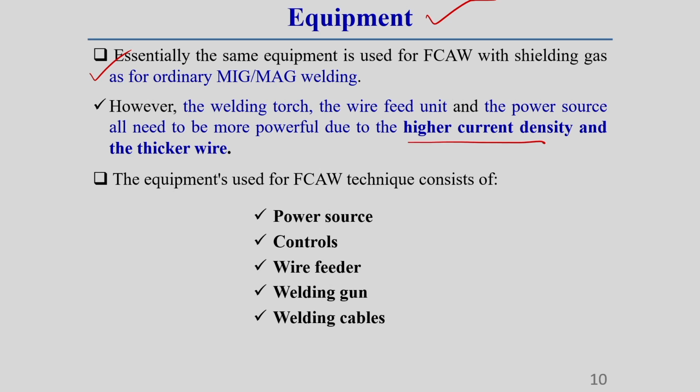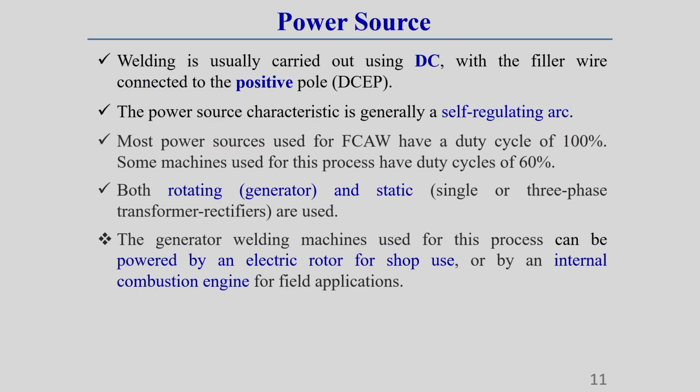To control that thick wire and higher current density, the power source should be more powerful. Now, the equipment used in flux core arc welding consists of the following main parts: power source, controls, wire feeder, wire, welding gun and welding cable. Everything I will discuss in detail in a subsequent slide.